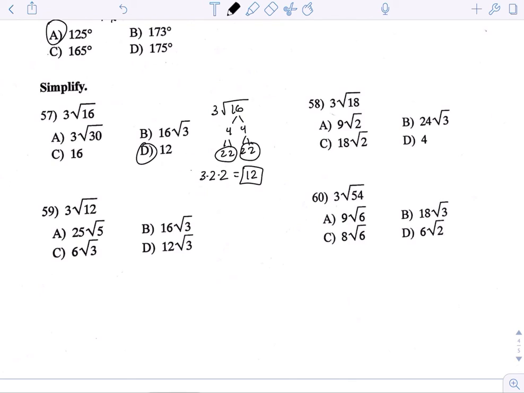Alright, over here, 3 square root of 18. So 18 is 9 and 2, 3 and 3. I found a pair of 3s, so that means the 3 gets to come on the outside. So this 3, which was already there, times the 3 because of the pair, square root of 2, because that's the leftover, right? 3 times 3, you guys, is 9 radical 2.